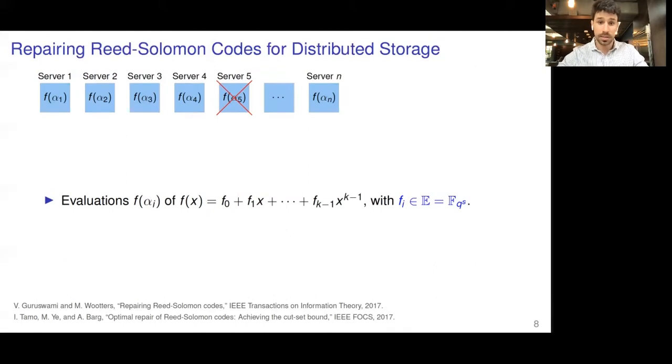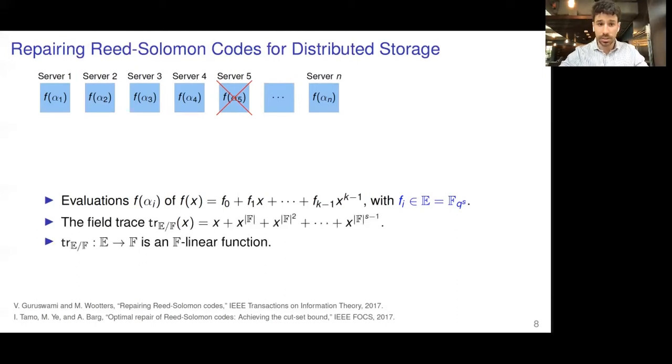The only difference is that we are going to see each evaluation as an element of an extended field E of the field F. This extension allows a new approach using the field trace function, which will use more servers and download less information from each, in a way that the total download cost will be smaller than the naive solution presented in the last slide.